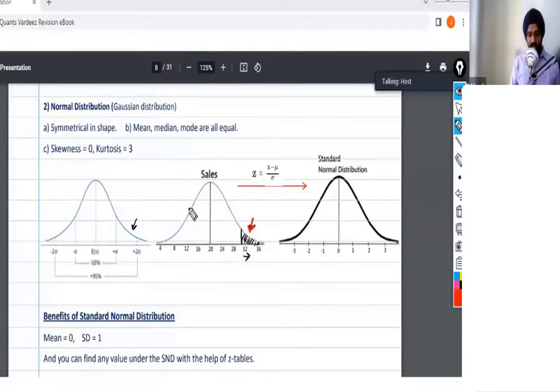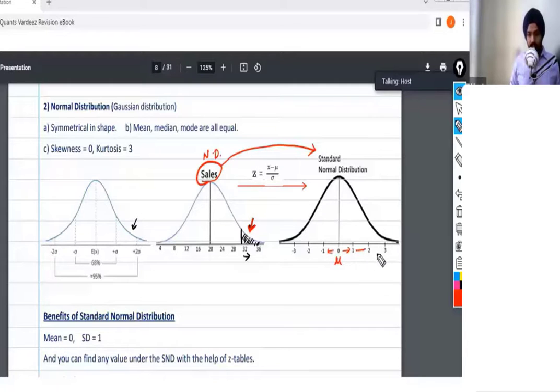So in this case, what I need to do is convert my sales data, which is normally distributed, into something which is what we call a standard normal distribution. Once I convert this, the mean will be 0 and the standard deviation will be 1. So the difference is going to be 1 standard deviation.